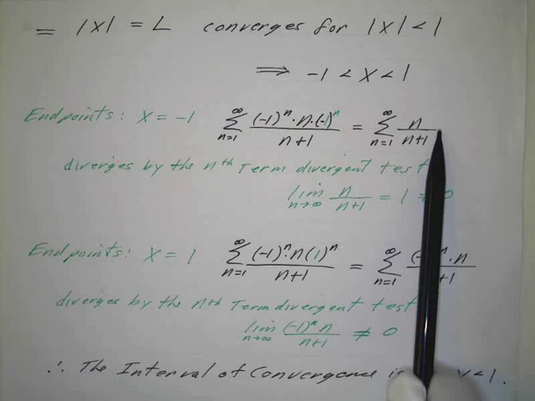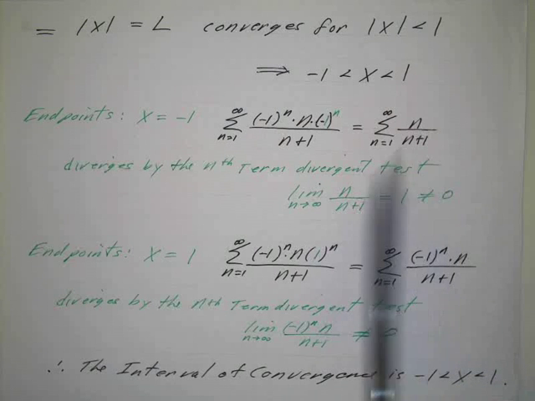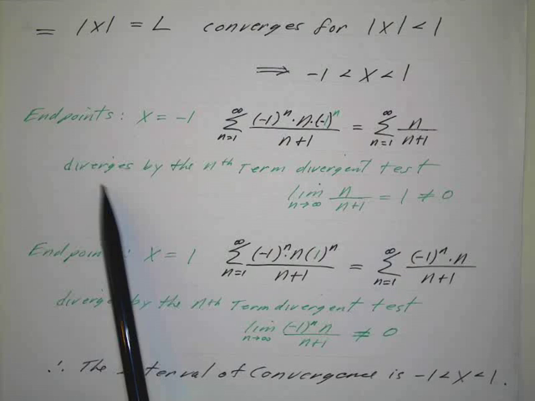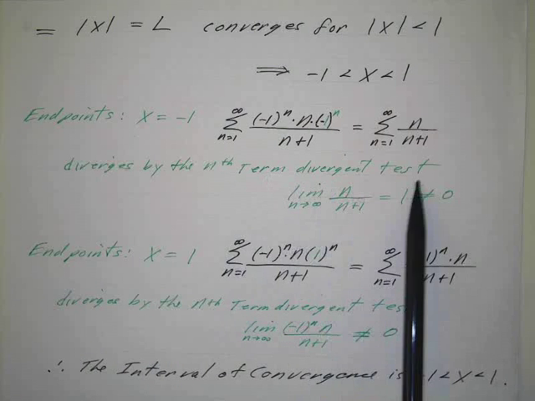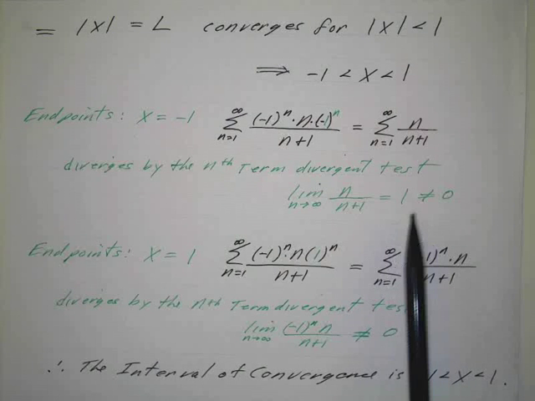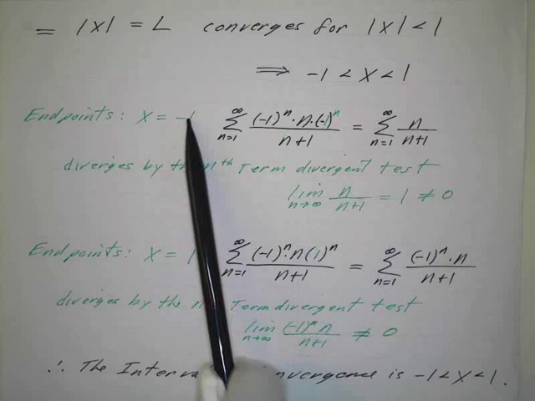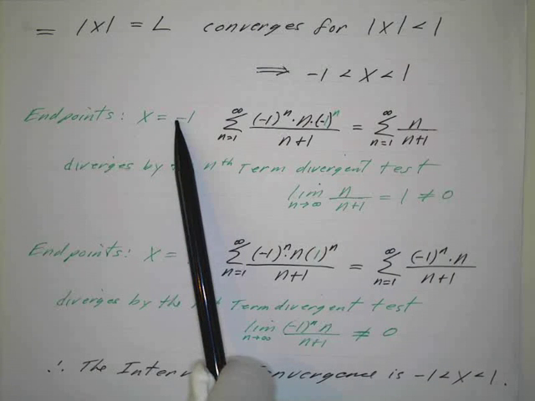And this is easy to see, that if I take the limit of this, that's just going to be 1. So that diverges by the nth term divergence test, because if a series converges, the limit of the nth term is equal to 0. So if the limit of the nth term is not equal to 0, it can't converge. So therefore, this is a divergent series. So we don't have convergence at x equals negative 1.